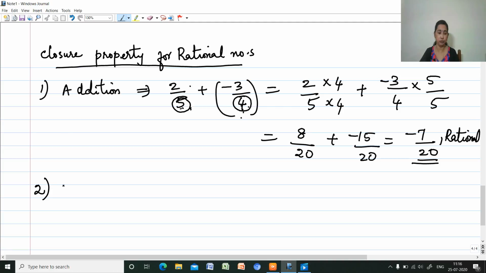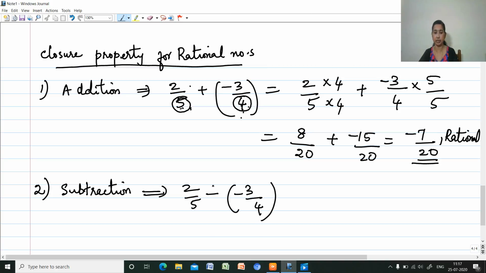Second one, we have to go for subtraction. We'll check subtraction. I'm taking two rational numbers, one is 2 by 5, the other one is minus 3 by 4, and subtracting. So this is 2 by 5, minus of minus means plus 3 by 4, because one minus sign is there and the other is also a negative sign, and minus into minus gives plus. Now in the same way, the denominators should be made equal.